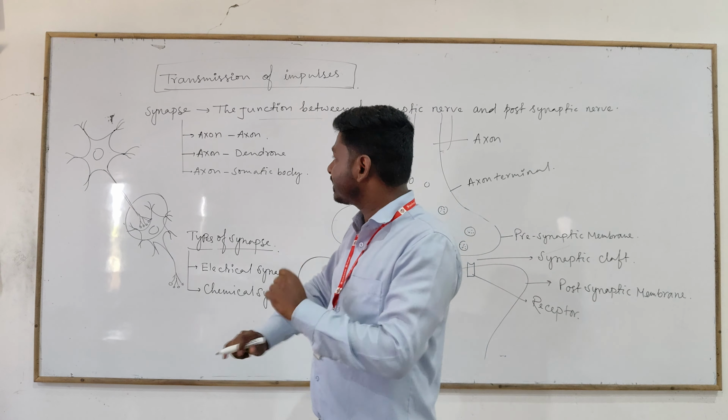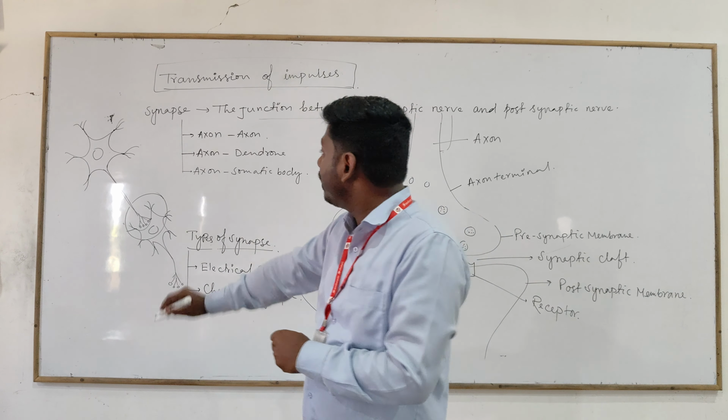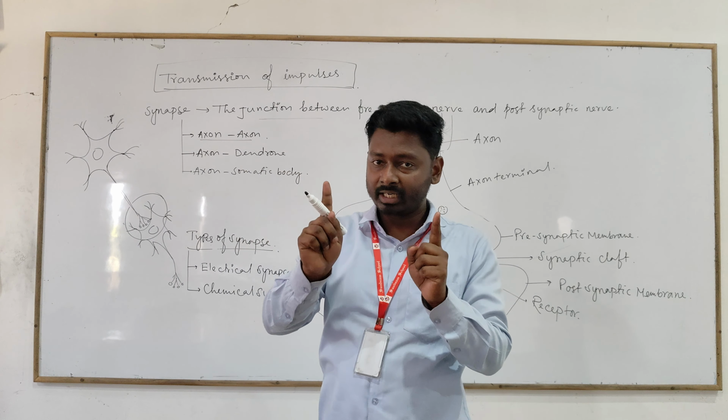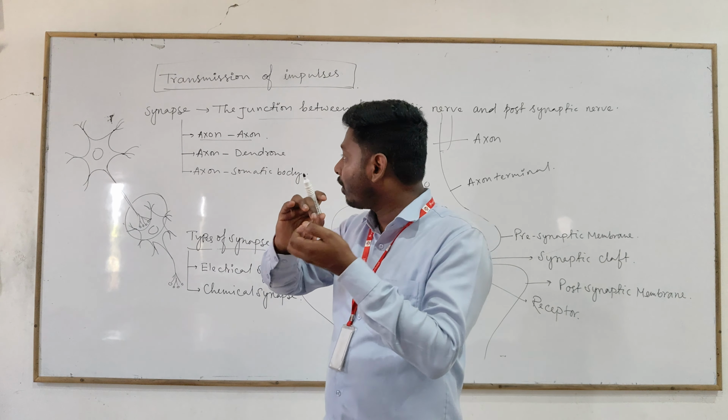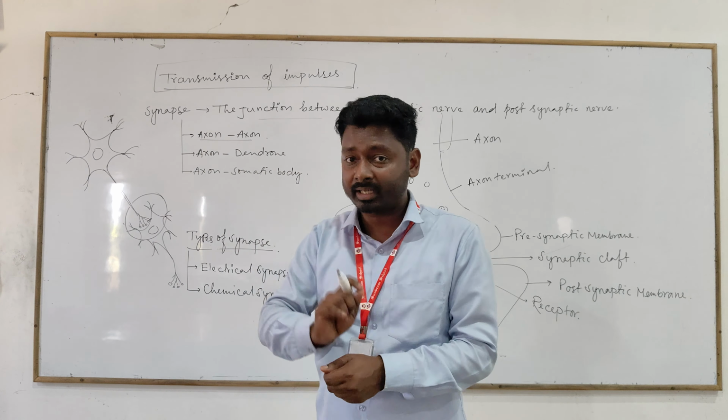A synapse can be formed with the help of axon and axon, presynaptic and postsynaptic. It can form a synapse if both parts are axons. Second, one part, the presynaptic neuron, is an axon and the other part is a dendron, which can also form a synapse.